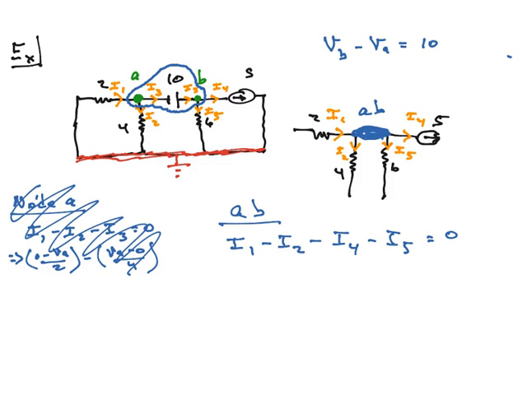All right, so what do we have? I1. What was I1? Okay, it was the current that went from the ground to node A over 2. What was I2? It went from A to the ground over 4. What was I4?